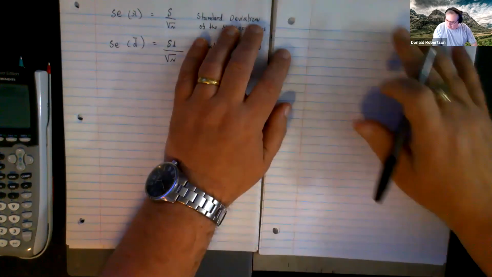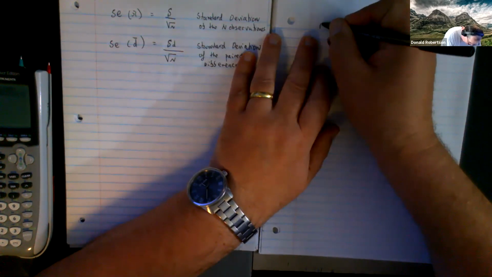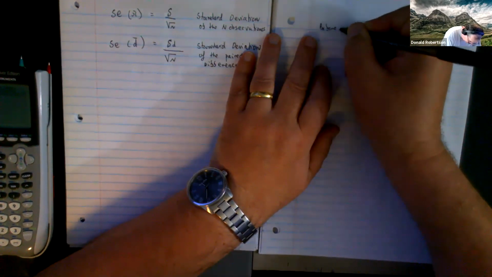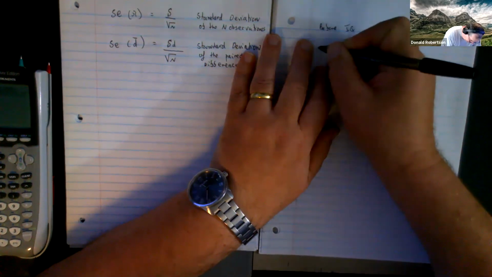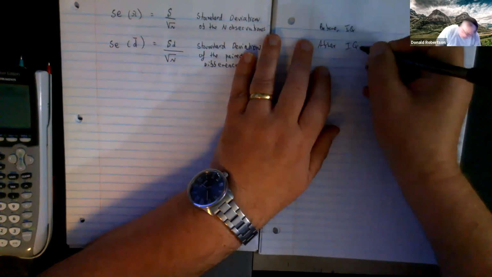Totally made up, wish this was true. They had the before IQ and the after IQ. Now, evidently you don't know this, but drinking Guinness improves your IQ. It doesn't, but I'm pretending it does.